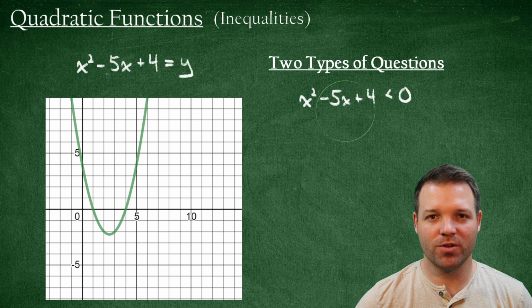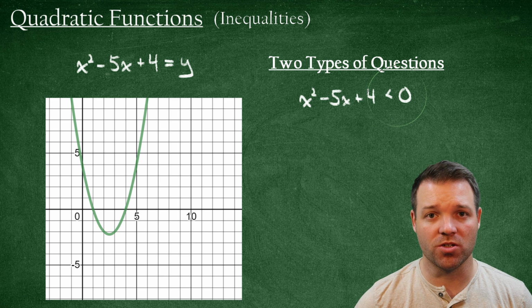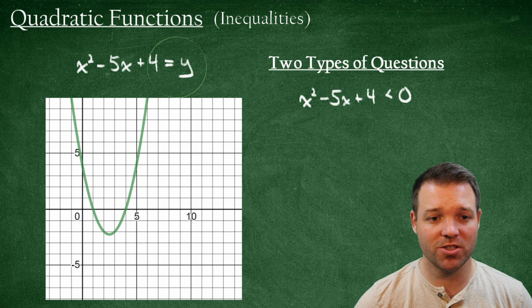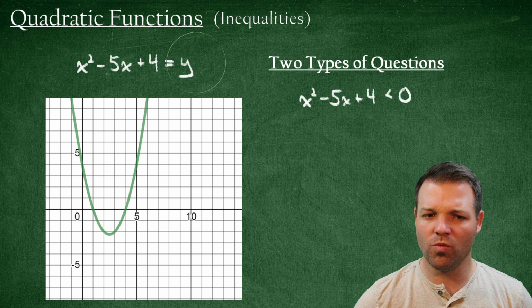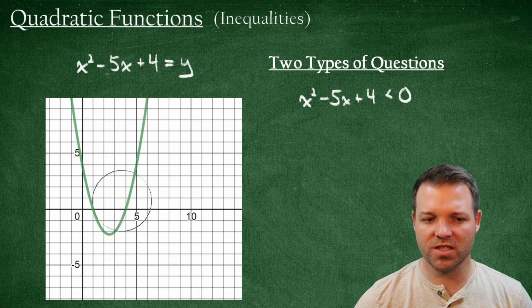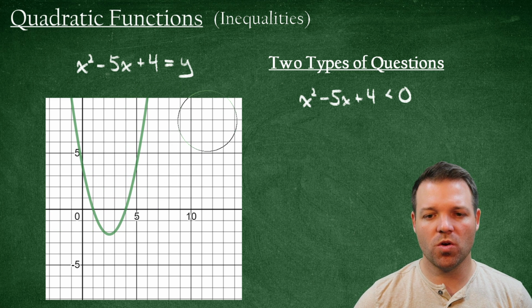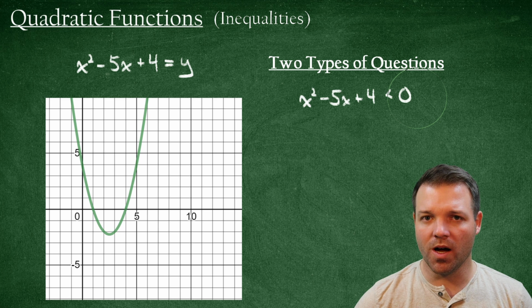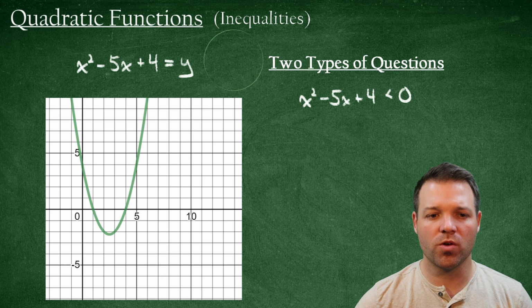However, we're smart people. We can think of this as a two-dimensional type of problem because we literally just showed, if this 0 was a y, then it would have this nice parabolic shape. So let's break down what this is actually asking. Instead of this being less than y, it's less than 0. In other words, where y is 0.